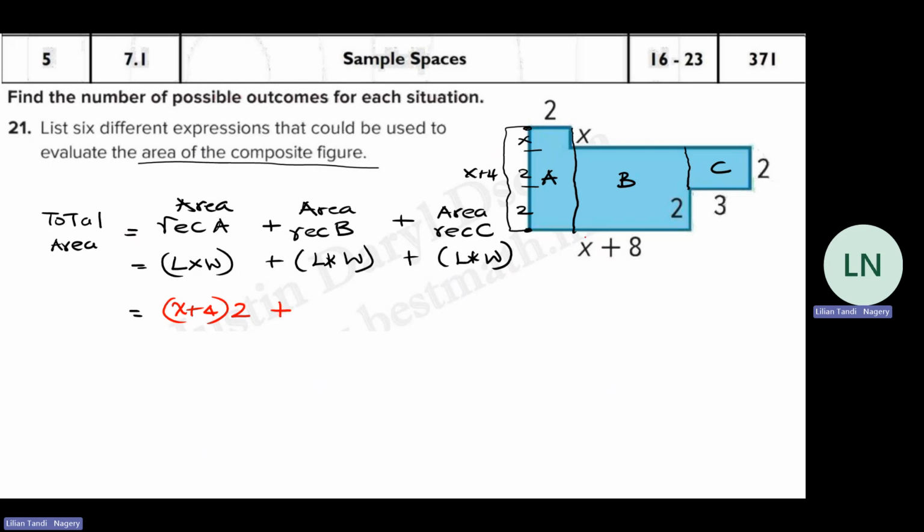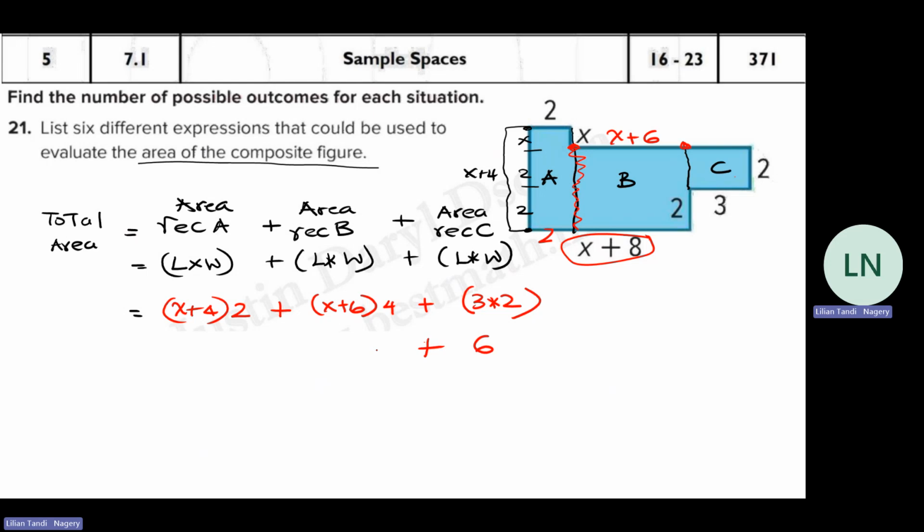Plus, I'm going to look at rectangle B. What is the distance from here to here? Now, I know that the distance from here to here is 2. If I remove 2 from this, I will get x plus 6. So the length of rectangle B is x plus 6, and the width is from here to here, which is 4. Okay, plus this one will be just 3 times 2.